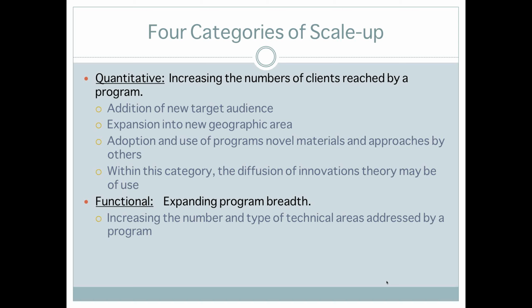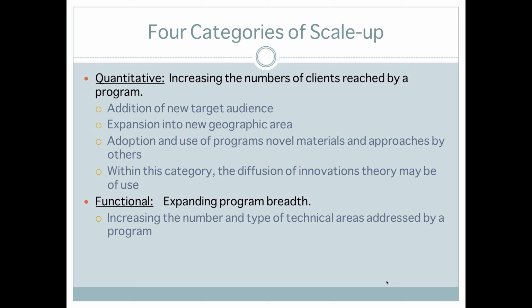Diffusion of innovation theory is a really helpful theory of change when you're trying to increase the number of clients reached, because there are strategies about looking at who are early adopters and who are later adopters, and how do you get a successful intervention to be diffused among all parts of a population. So for increasing numbers, diffusion of innovations is something that can help you as a theoretical framework.